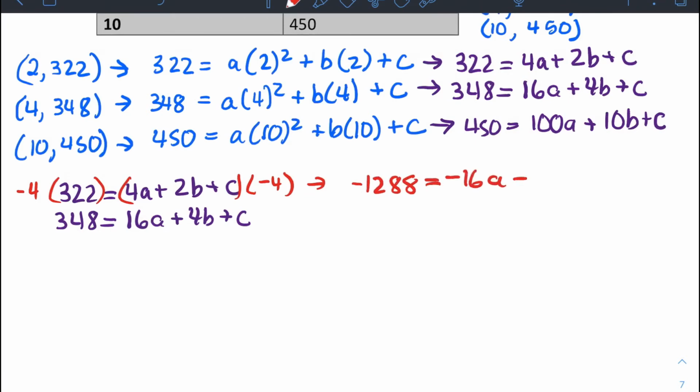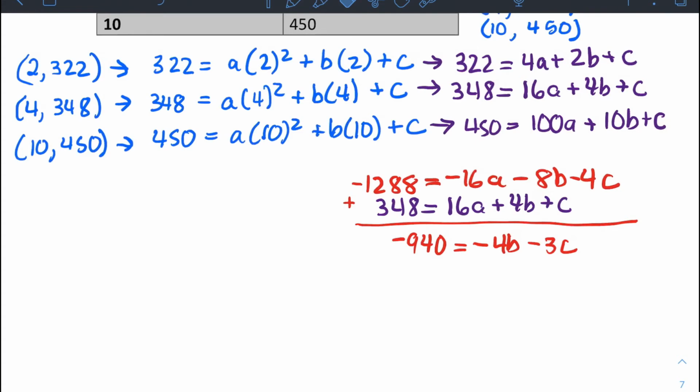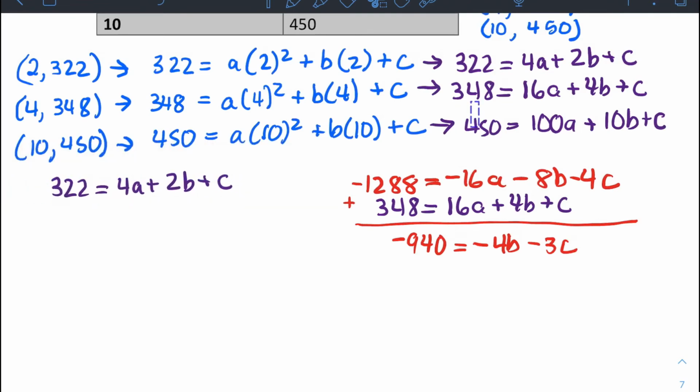It's going to have -16a, that if I add it to that second one, I'll get 0a. So if I do that, I'm going to get an equation that only has b and c in it. Now, since I eliminated a there, I need to pick 2 of those original purple equations and eliminate a again. So this time I'm going to take the top and bottom one, and make sure you stick with that same variable.